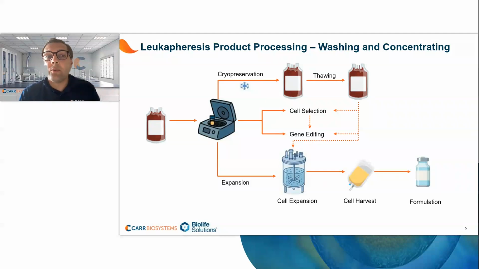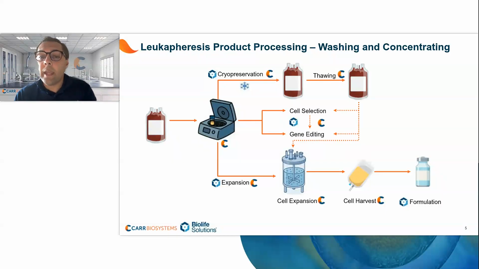And that starts with traditional platelet washing or debris removal, going into a variety of process steps such as cryopreservation, expansion, thawing, cell selection, gene editing, or other avenues going into that final formulation product. So CAR Biosystems and BioLife Solutions all provide solutions throughout the entire cell therapy workflow, which will assist the developer from start to finish with achieving their final critical quality attributes going into that formulation.